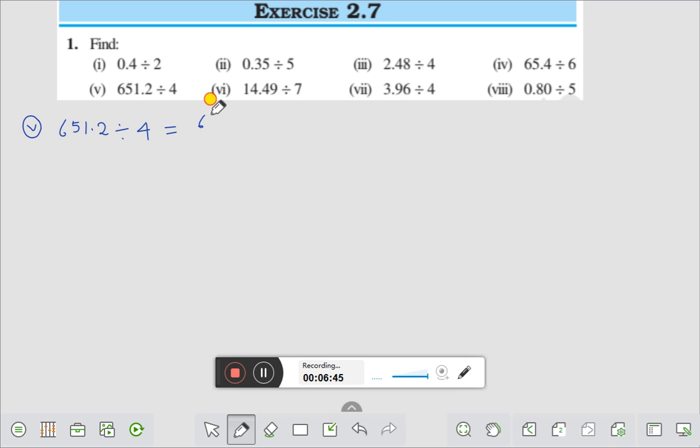That is 6512 by 10 divided by 4, or it can be written as 4 by 1. So 6512 by 10 into the reciprocal of 4 by 1, that means 1 by 4. Right? Therefore, we'll divide it by 4.